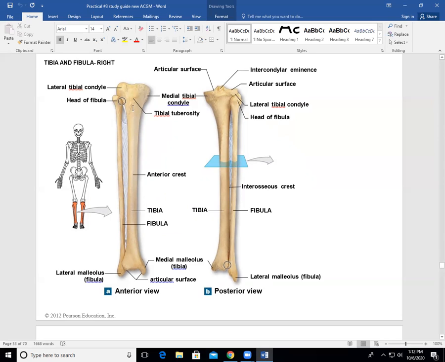This line along the diaphysis of the tibia is the anterior crest. Now on the distal end, this is the medial side, so you have the medial malleolus. Now the fibula has the lateral malleolus.